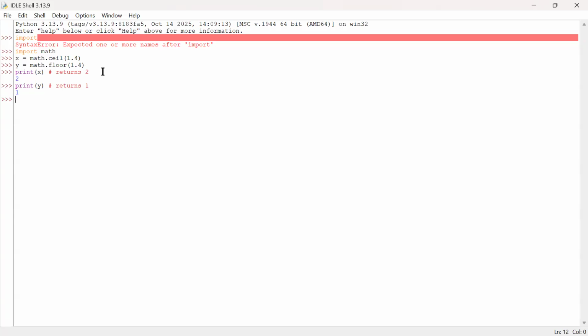Now, this one is more like a reminder. Tell me what you think you will see if this thing executes. That means you are going to copy and paste it, but do not run it.